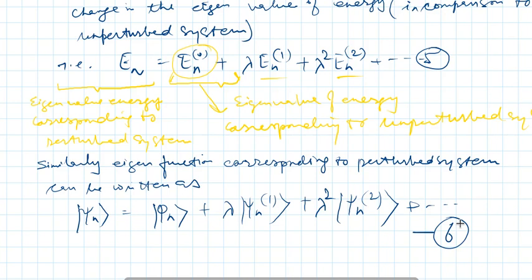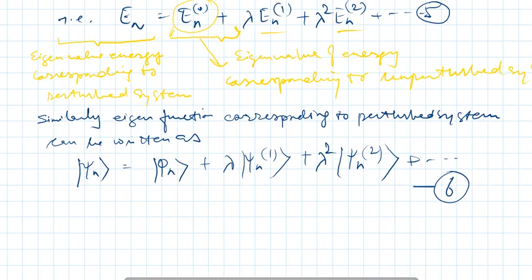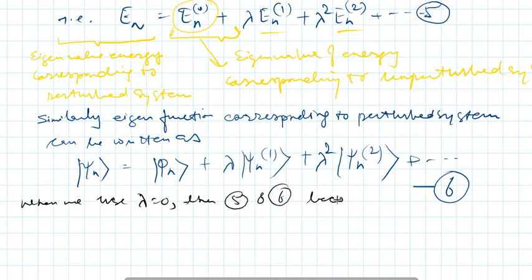Now when we use lambda is equal to 0, then equations 5 and 6 become the solution of the unperturbed system.